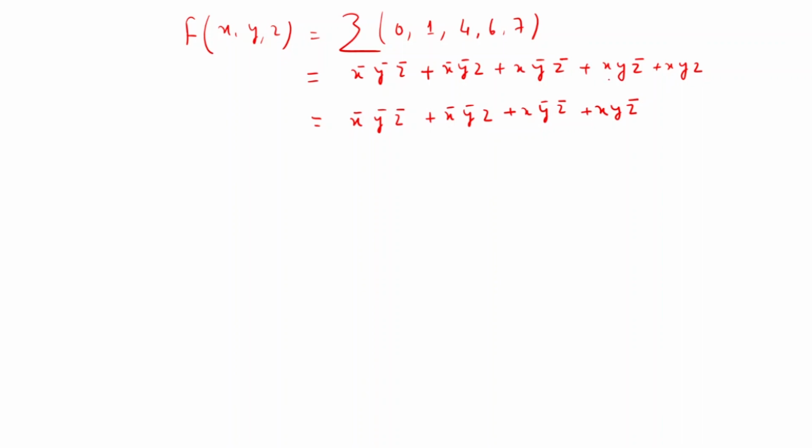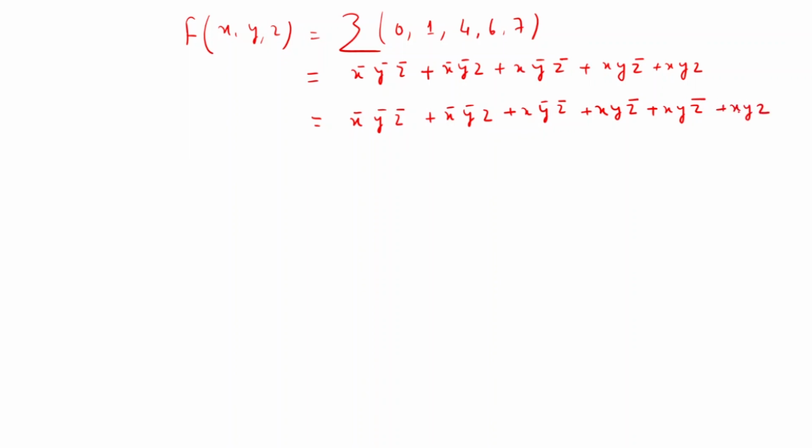When we simply take this particular min term 1 more time, it doesn't change the value, because when we add any variable during an OR operation more than 1 time, it is the same as that particular variable. This means here we also take this x y z complement again 1 time and plus x y z.